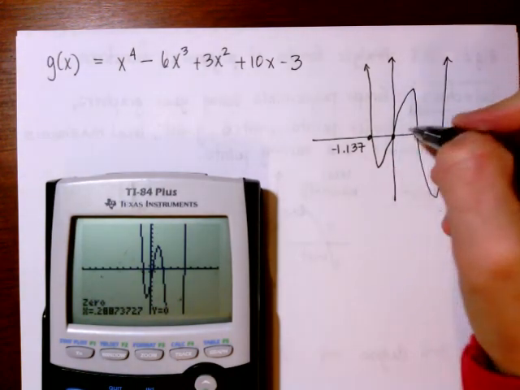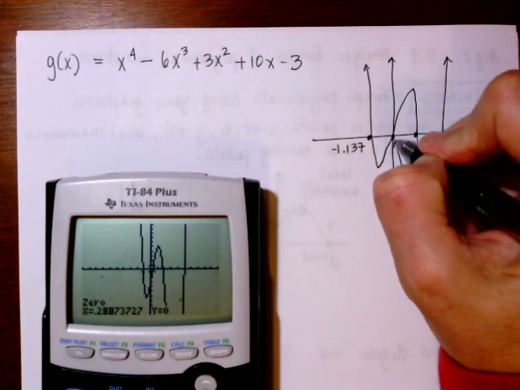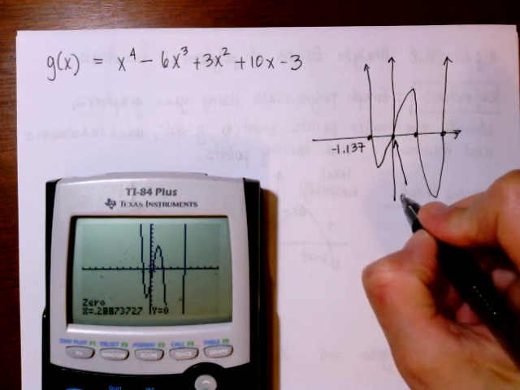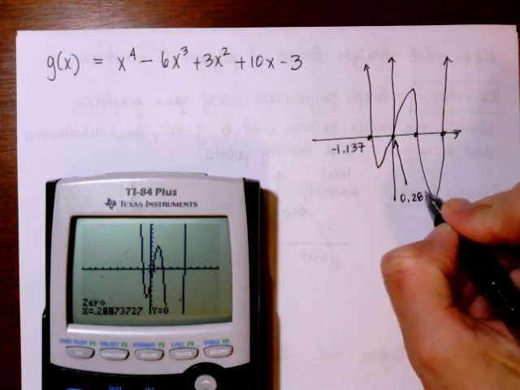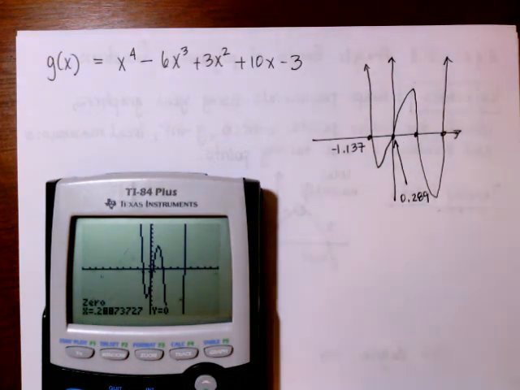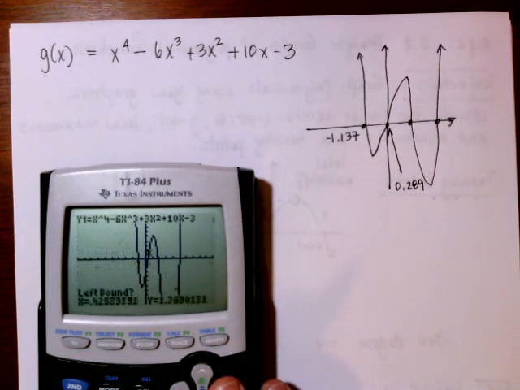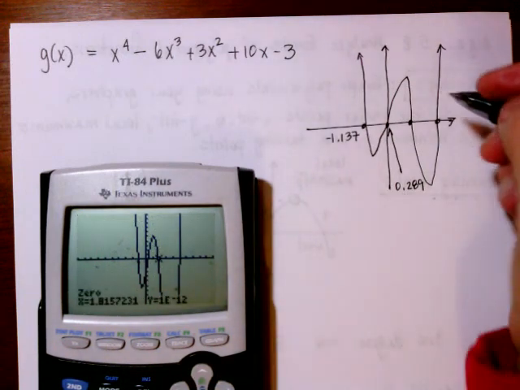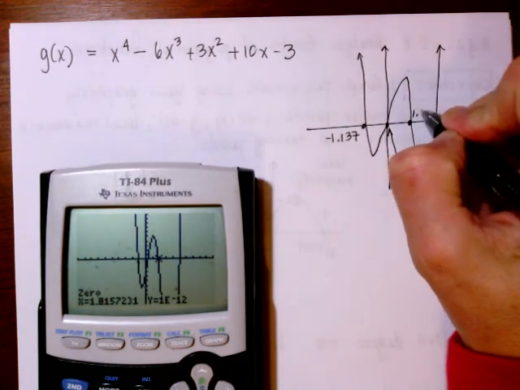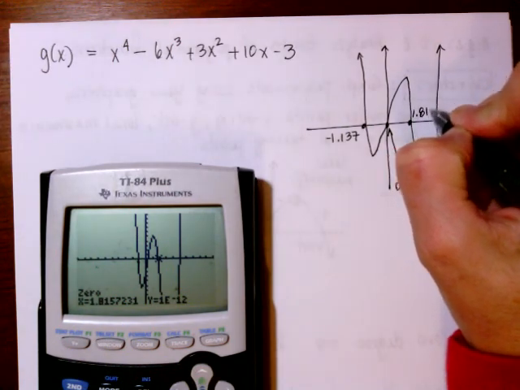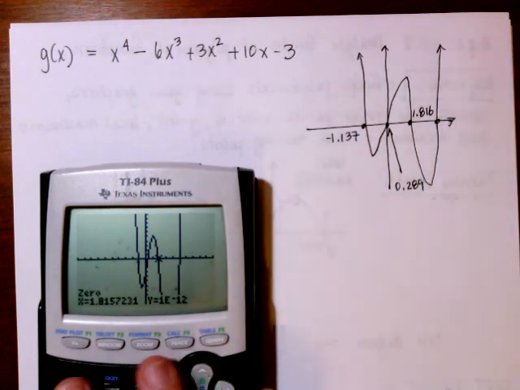And this 0 right here, I'm going to draw an arrow so I can have some room to write, is 0.289. Okay. Now I'm going to find the third one, second calculate 0, go to the left, enter, enter, enter, and I found this one to be 1.816, and then I have one more to find.